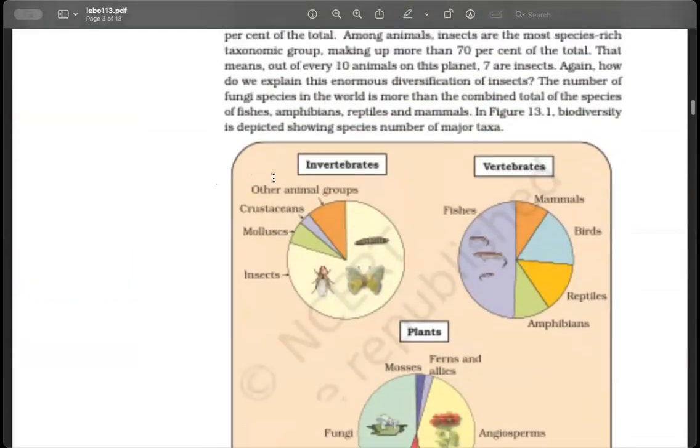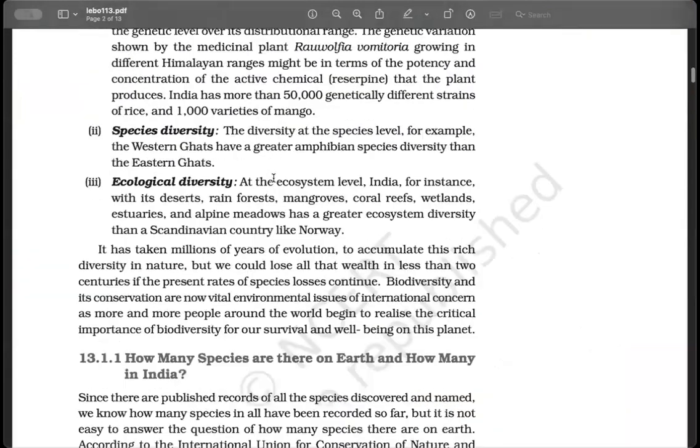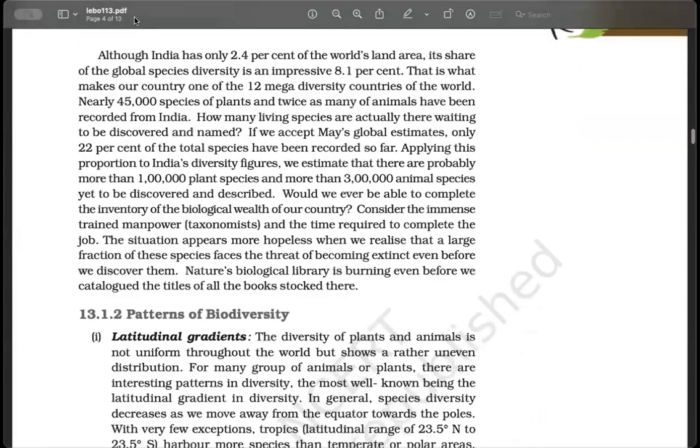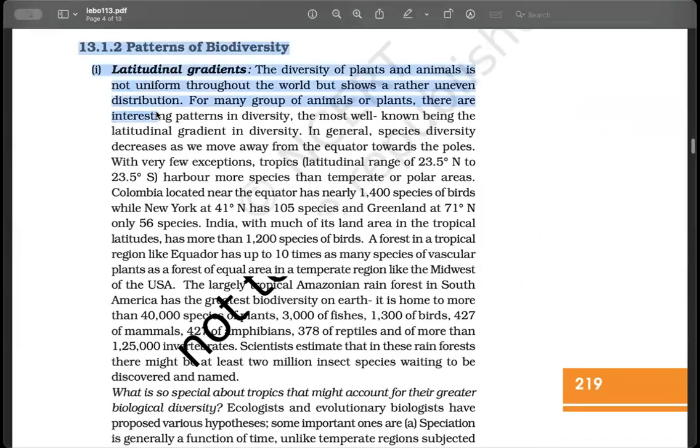Now, this is where we finished. After discussing all of this concept, we had to understand the pattern. This is a long question that comes, and small, short one-mark questions often come in entrances from this part. So when I say pattern of biodiversity, what we mean is, is this biodiversity random?